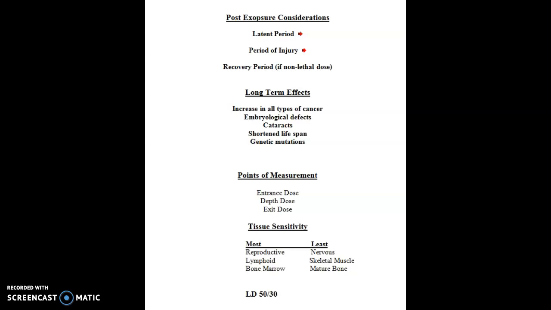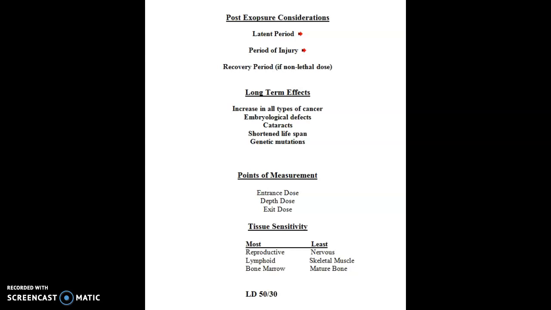The reason behind that sensitivity is there's something called the law of Bergonié and Tribondeau, and the law says that a tissue's sensitivity is directly proportional to its reproductive rate, meaning how quickly those cells reproduce, and it's inversely related to how specialized the cells are.